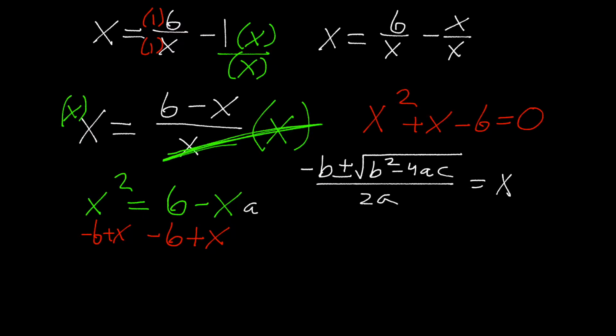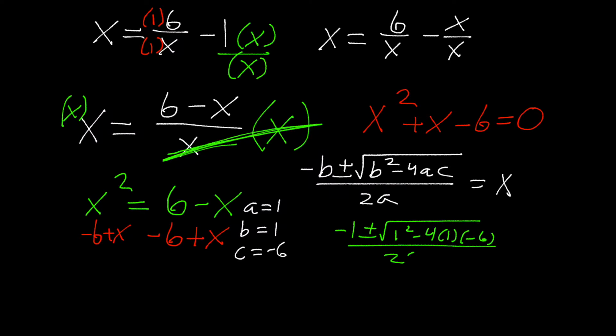Well, a is 1, b is 1, c is negative 6. So we can start plugging in our values. Negative 1 plus or minus the square root of 1 squared minus 4 times 1 times negative 6 all over 2 times 1.